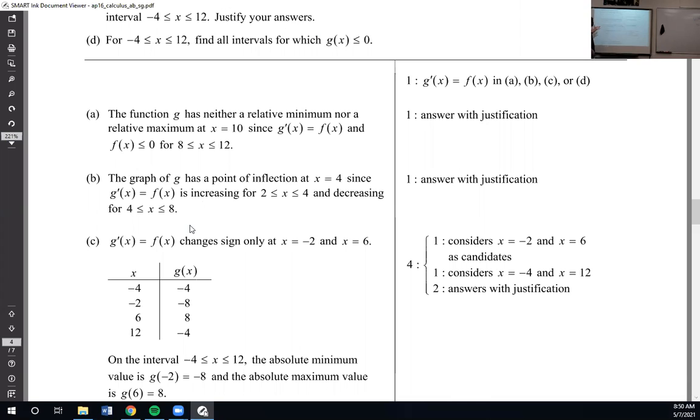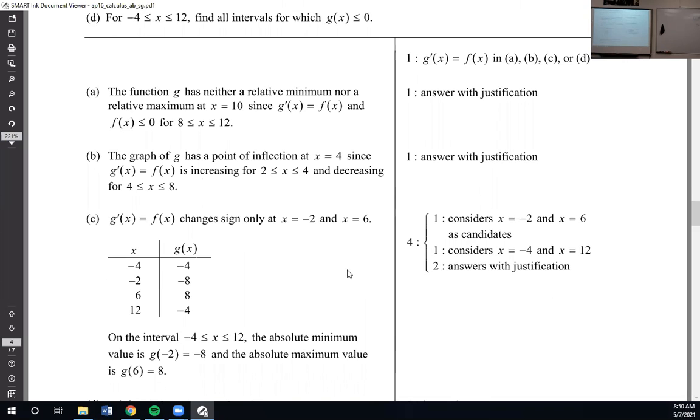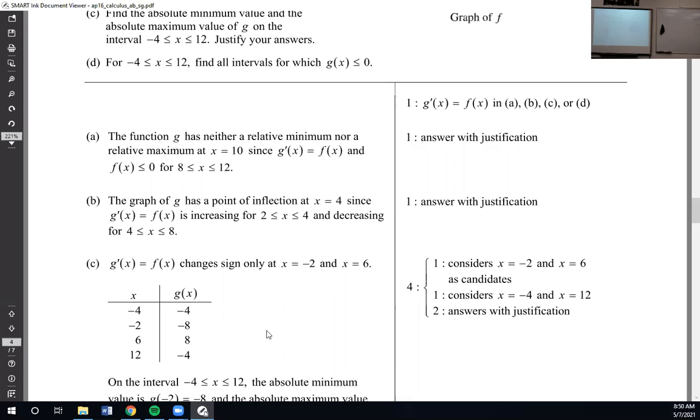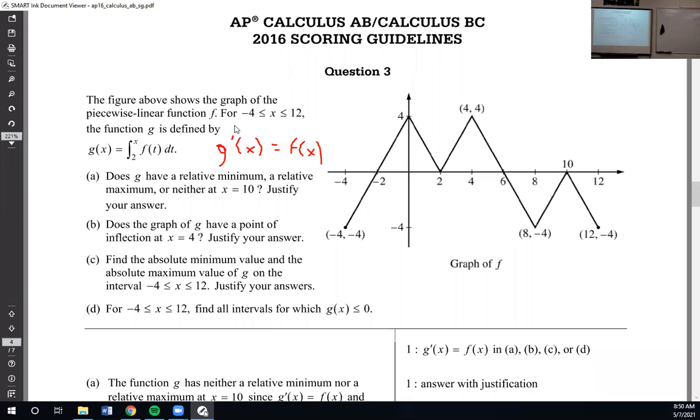Find where g of x is less than or equal to 0. So we want to know where the original function is less than or equal to 0. First off, this table of values should give you a good idea. And you should know that since it's the integral from 2 to x, the integral from 2 to 2 is going to be 0.